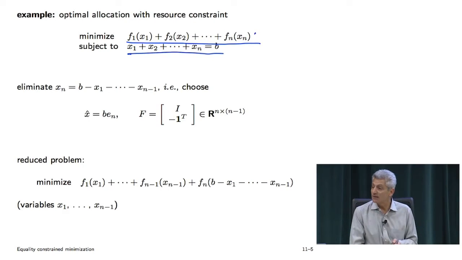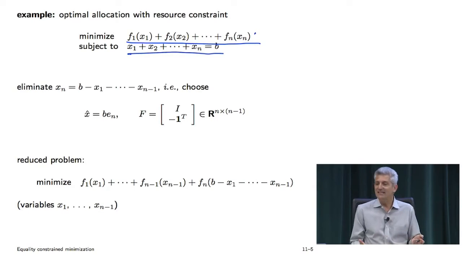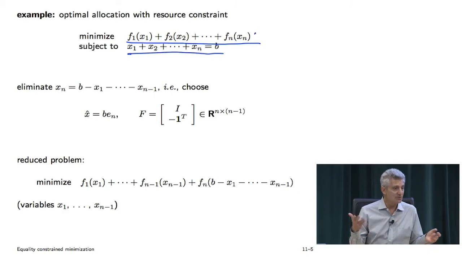So that's a constrained problem. How would you solve it? Well, we'll do the following obvious elimination. I could take x hat to be b e_n, which means I give everything to agent n. Another x hat is b over n times the vector of ones, a uniform allocation, but it doesn't matter.